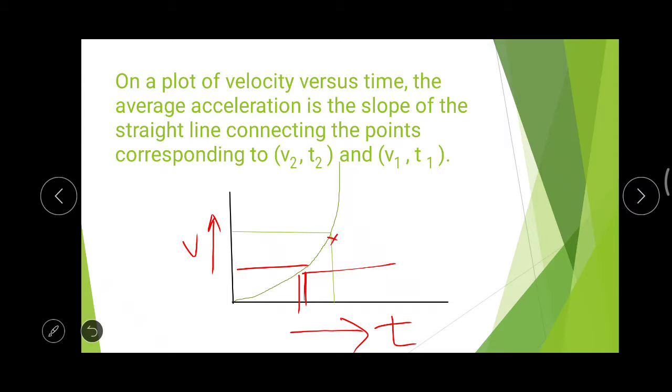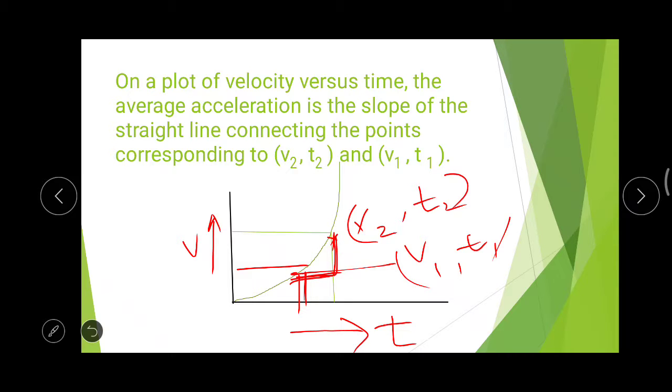This one will be v1, t1, and here it is v2, t2. So the slope of the graph, if you are considering these two points, will be given with the help of this triangle.